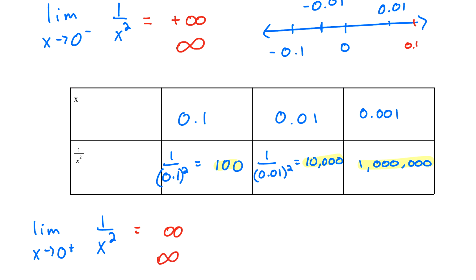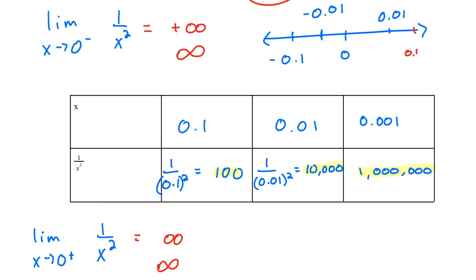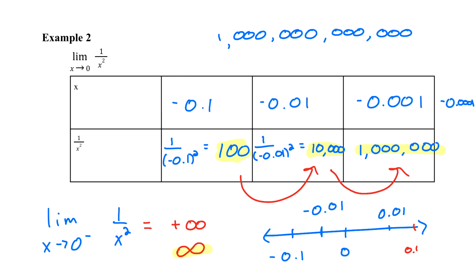If we look at the two separate one-sided limits, the left-hand limit was positive infinity, and the right-hand limit was positive infinity. So using what we know about limits, if the left and the right-hand limit are the same, then the two-sided limit should also be positive infinity. So that means that this limit is positive infinity.